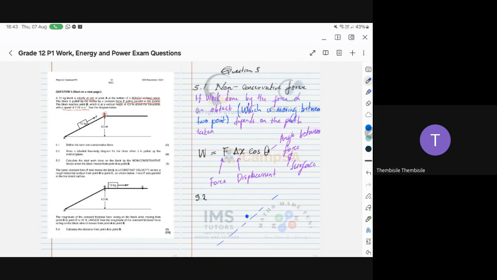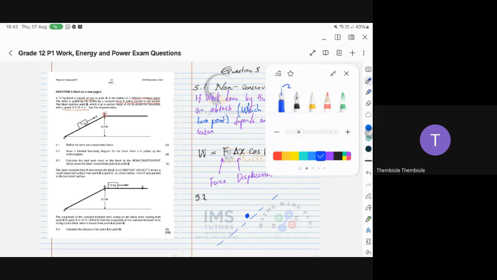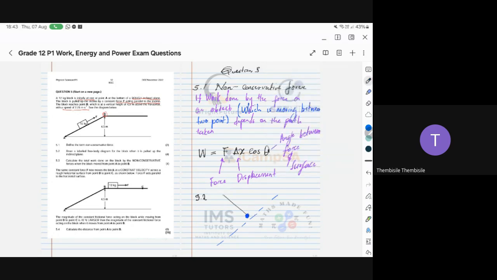We remember that when you draw a free body diagram, you put a dot here. Now that you've put your dot, the first force can be any force that you want to start with. This is going to be your normal force.